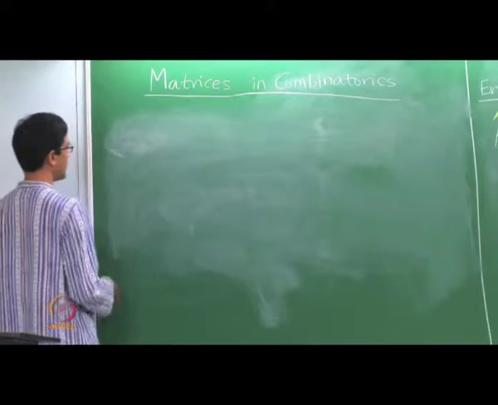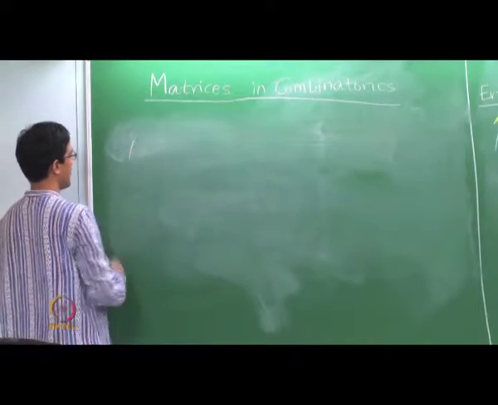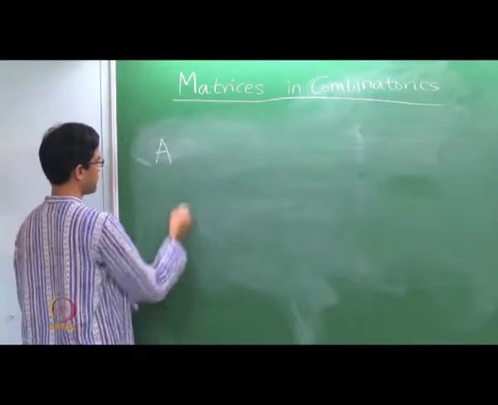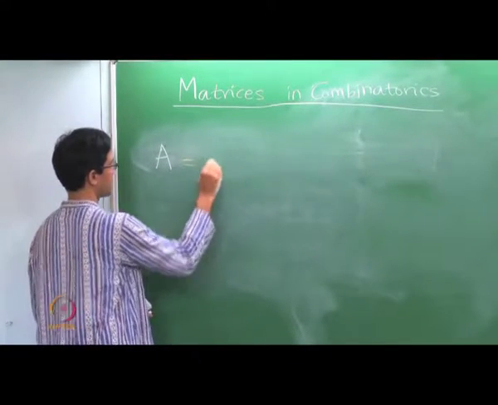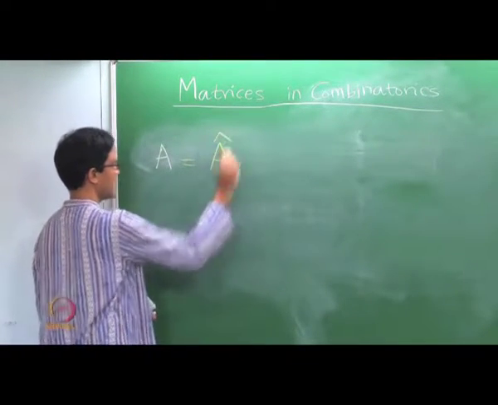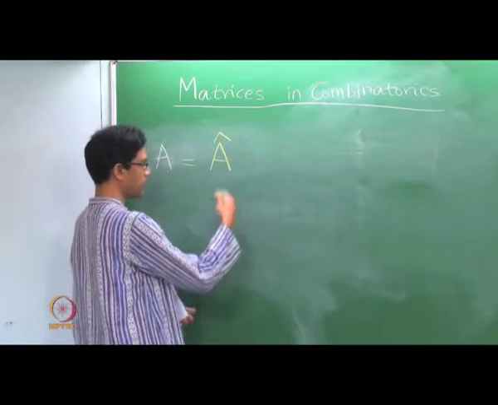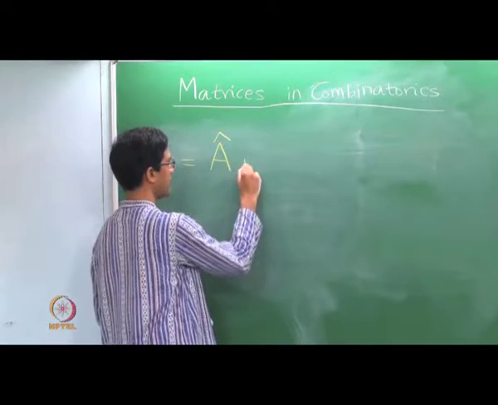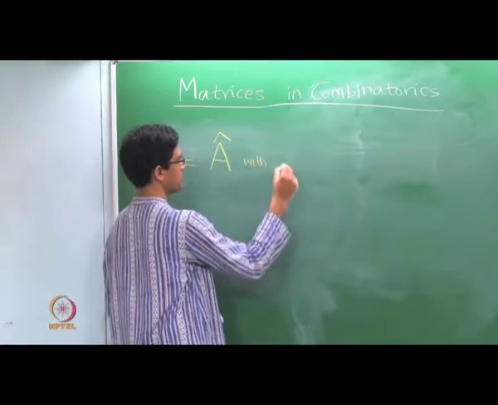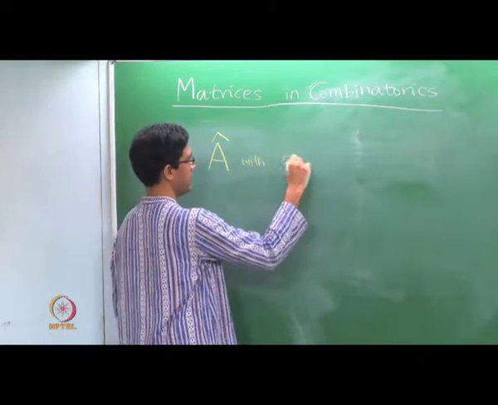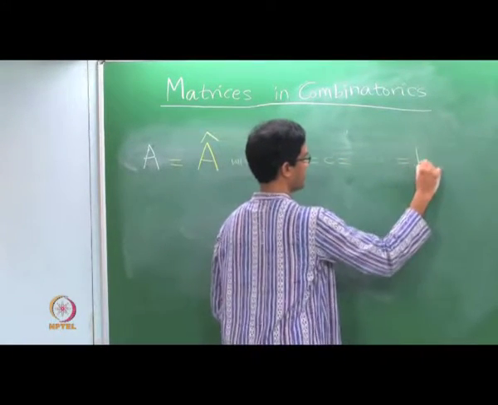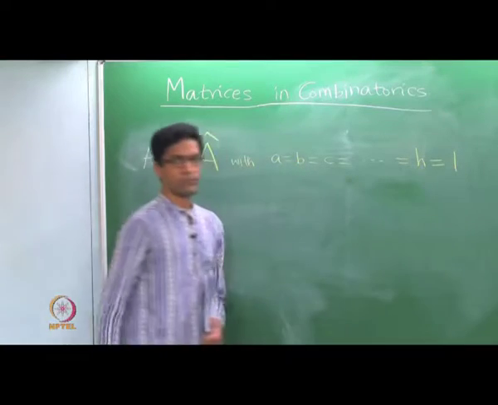Then here's the relation between A hat and A, if you wish. I had the matrix A to start with. What's the relation between A and A hat? Well, A is just this labeled matrix A hat in which you substitute all the variables A, B, C, etc. all the way to H to be equal to 1.